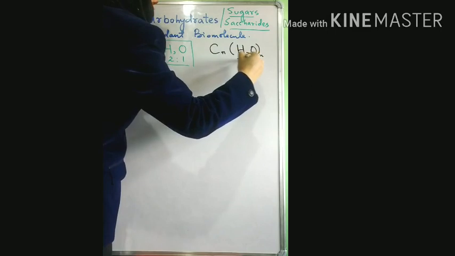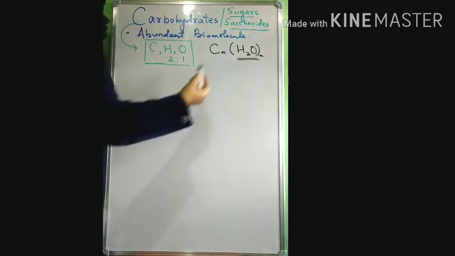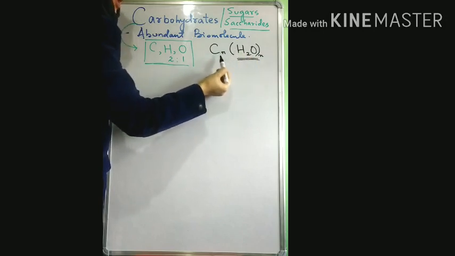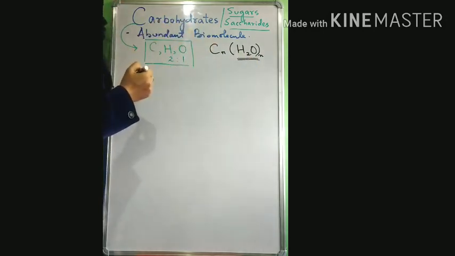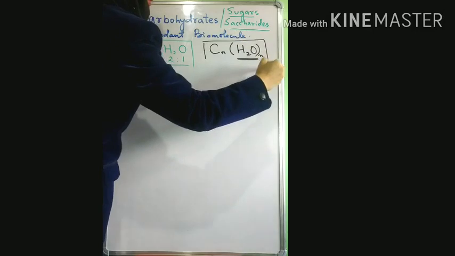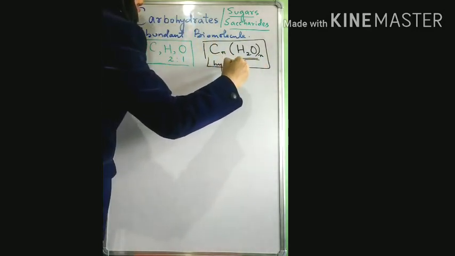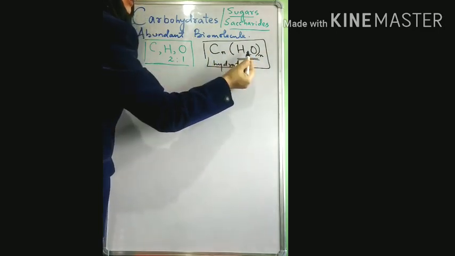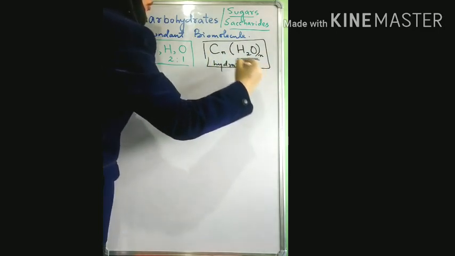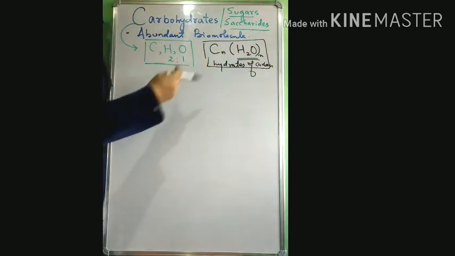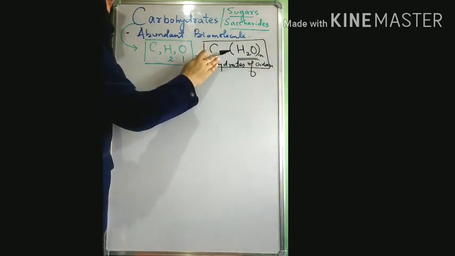You call this hydration, something which is attached to water. So if you have hydrates of carbon, you can call them carbohydrates. So this was another way of defining carbohydrates: they are hydrates. When you use the word hydrate, you indicate water molecules. They are hydrates of carbon. This is acceptable and valid also.